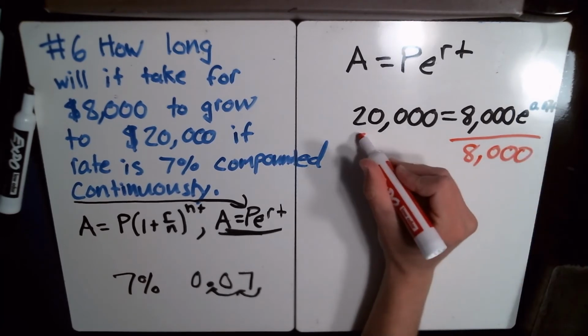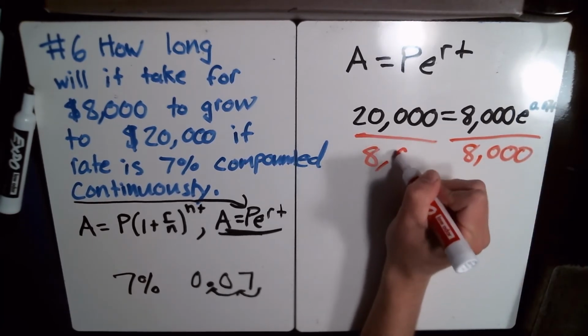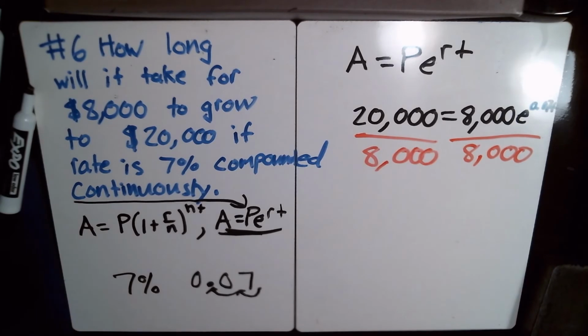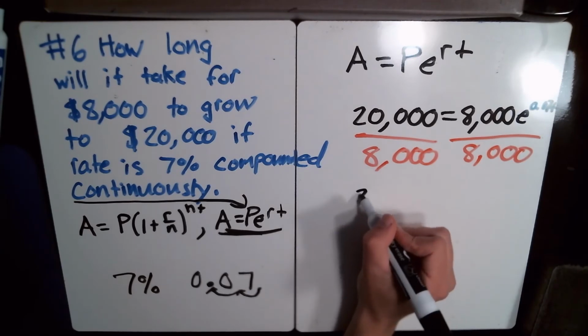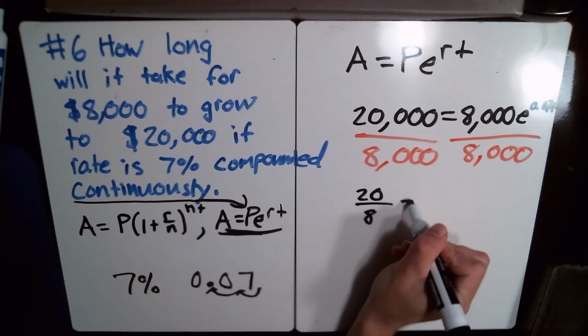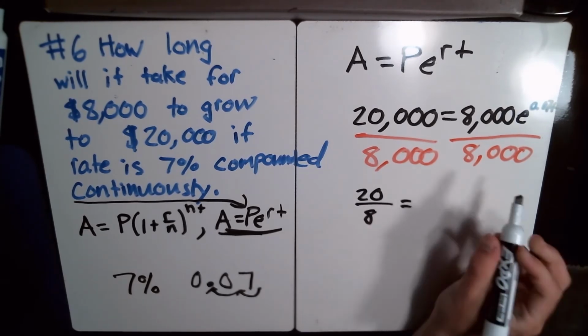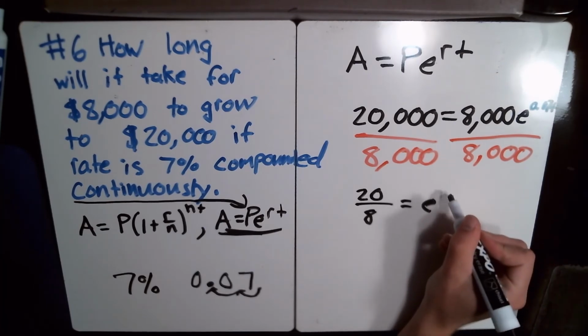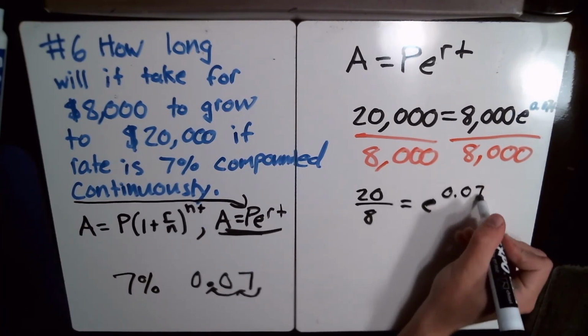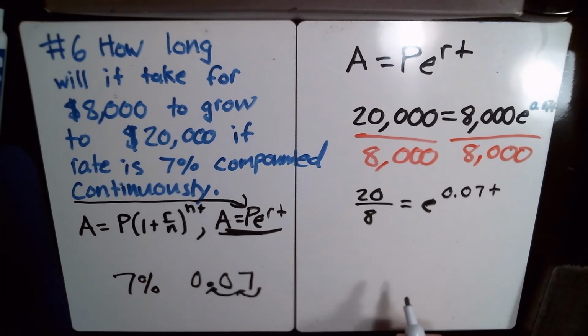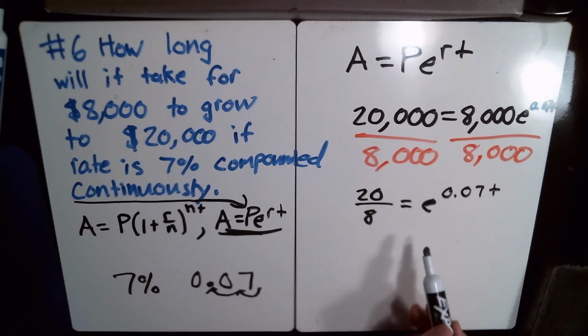So we'll divide both sides by 8,000. So I get, we could simplify that to be 20 divided by 8 is equal to e to the 0.07t.